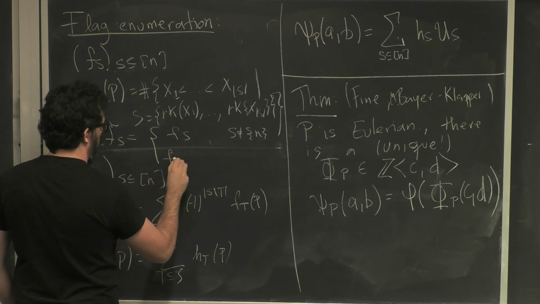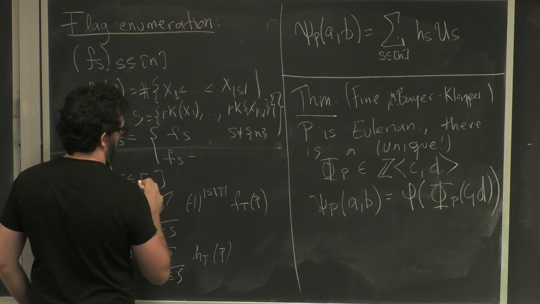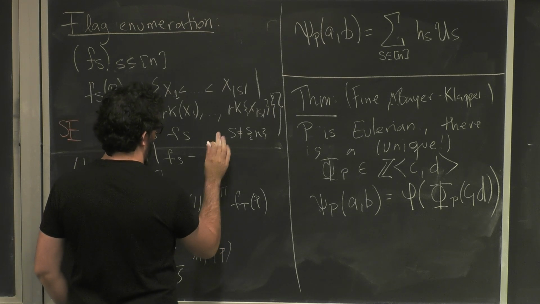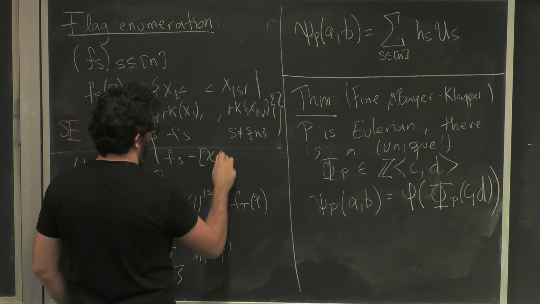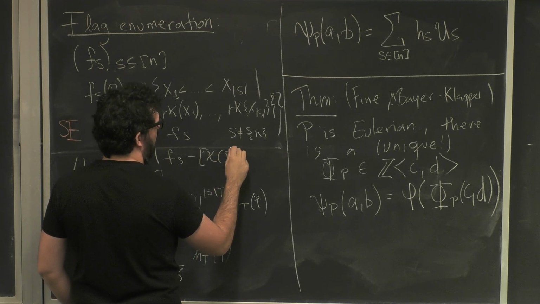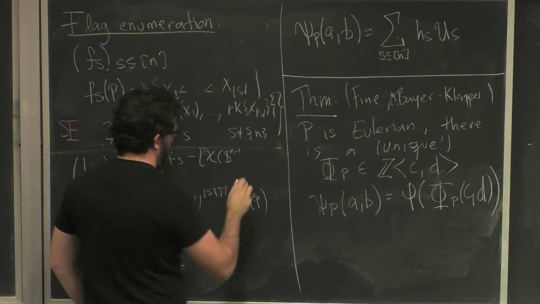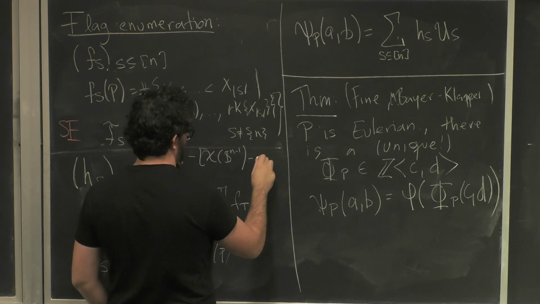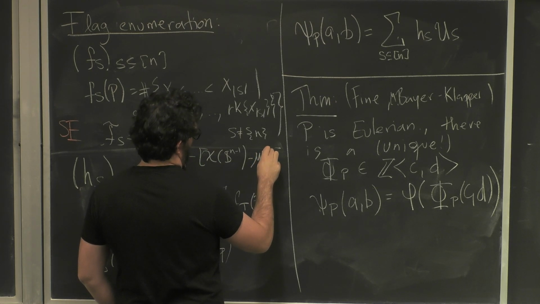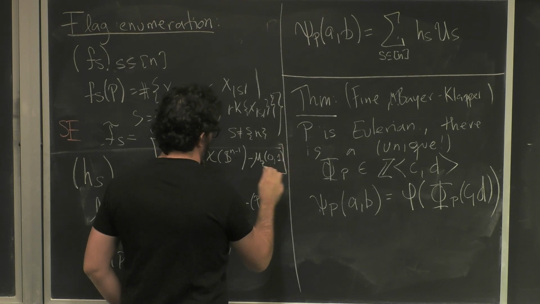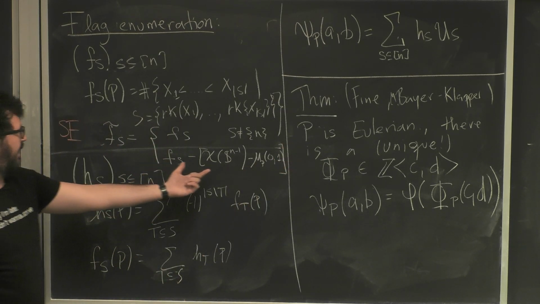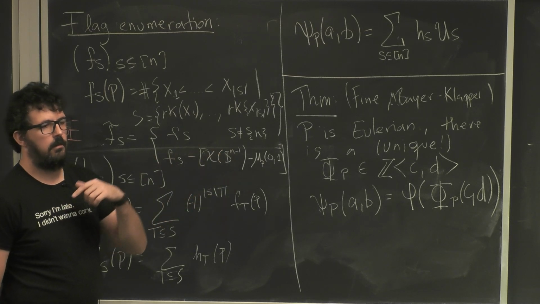And I'm going to do Fs minus the Euler characteristic of the, I think it's n minus 1 dimensional sphere, minus mu p of 0, 1. So I'm going to correct by how much am I failing to be a sphere.